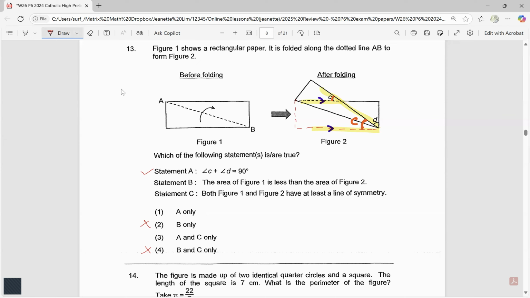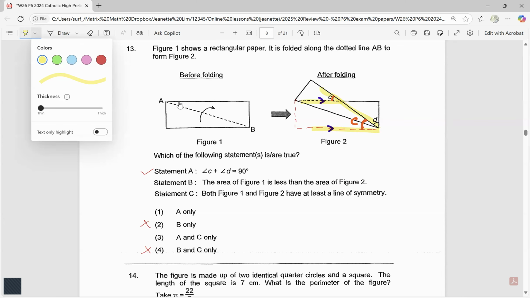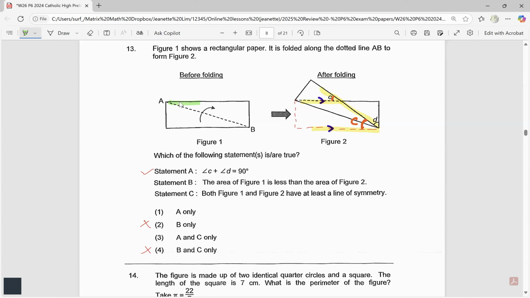How do we see that? Okay, both have this part here, right? Okay, so both figure 1 and 2 have this. For figure 2, it's this one.